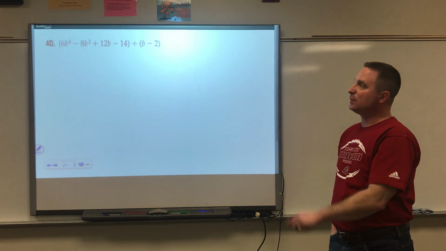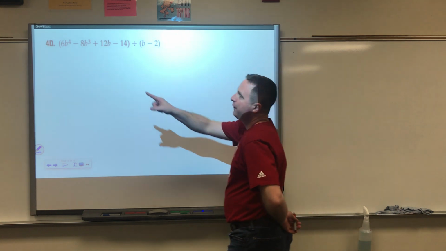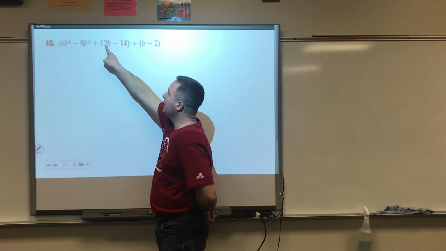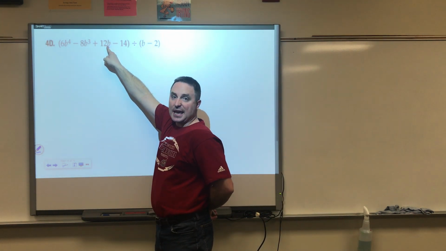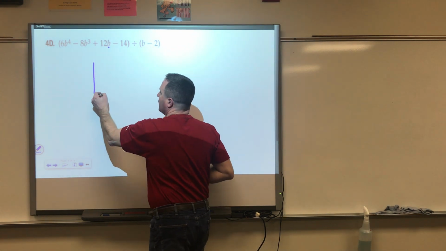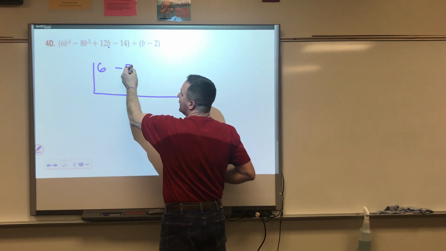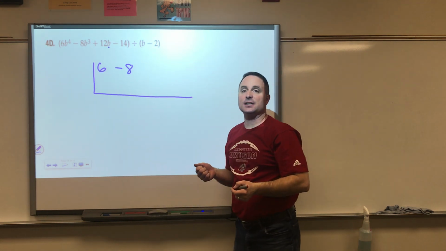One more of these. I see this one starts with a fourth power. Uh-oh. Fourth power, third power, and then it goes to b. It's missing the second power, isn't it? So when I start this out like this, I have a 6b to the fourth power, negative 8b cubed, but it's missing squared.